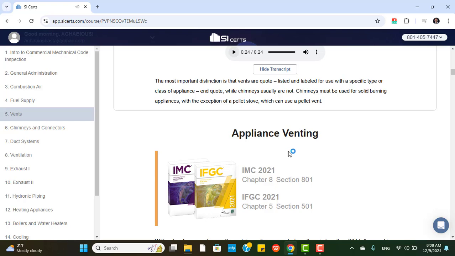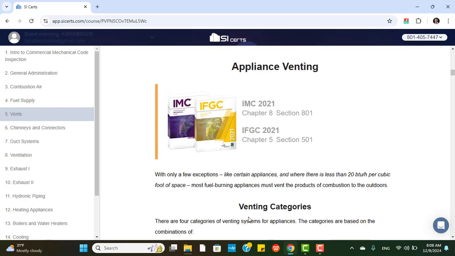Appliance vent. International Mechanical Code 2021, Chapter 8, Section 801, and the International Fuel Gas Code 2021, Chapter 5, Section 501. With only a few exceptions, like certain appliances, and where the space is less than 20 BTU per cubic foot.